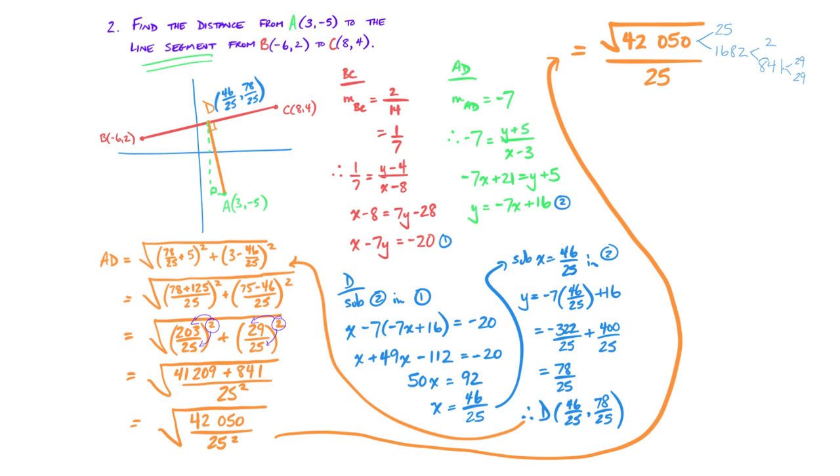So maybe I'm going to just sneak in this line in here if it helps you a little bit. I can take the square root of my 25. That's a 5, so that's gone. I can take my square root of 841. That was a 29, so that's gone. The only thing I couldn't take the root of was the 2. It's left in there.